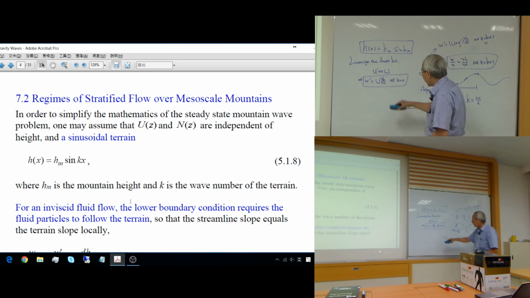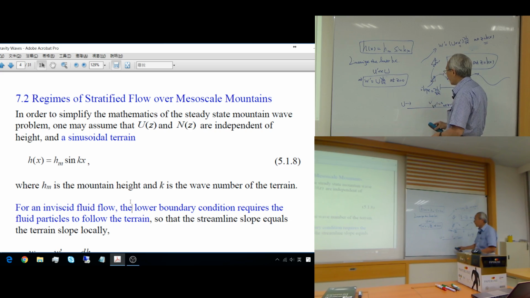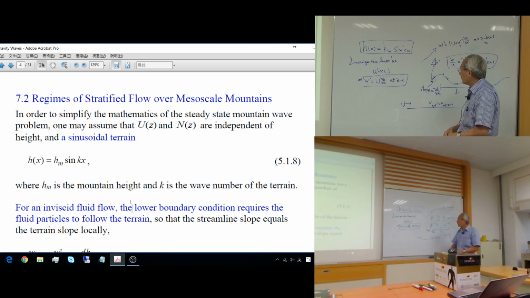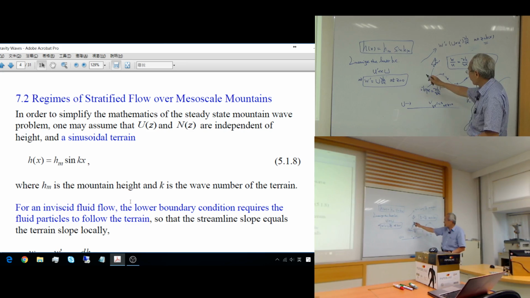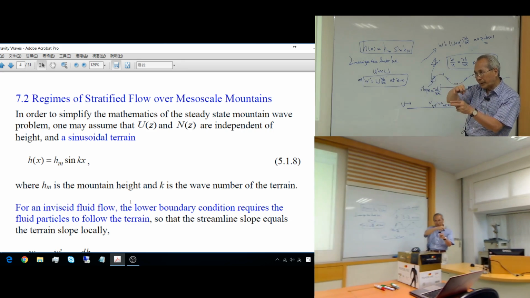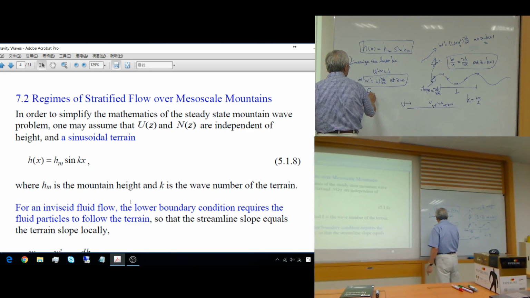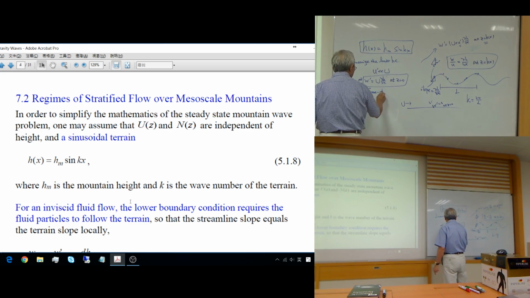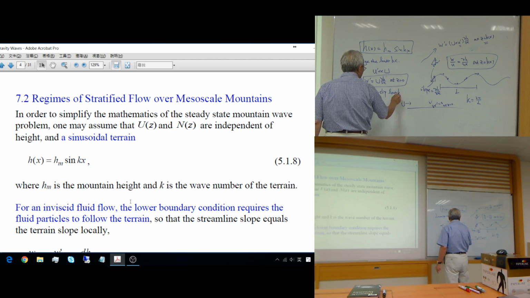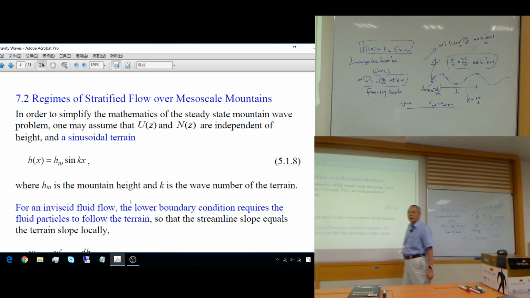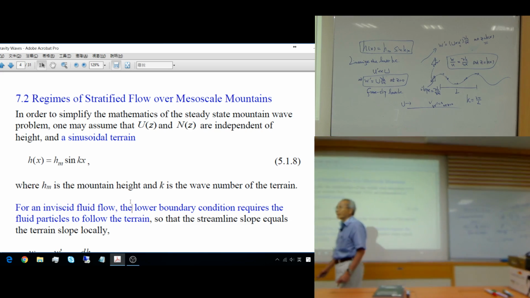Once we have that, we can try to solve it. Another thing is that when you assume there's no friction, the flow will flow freely around the terrain. That's called free slip, the free slip lower boundary condition.